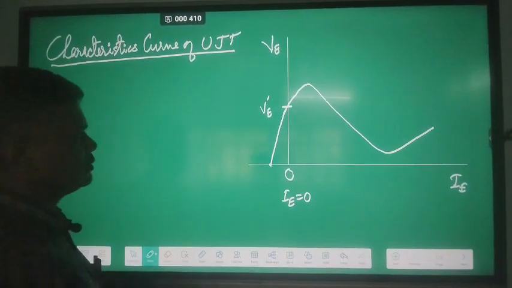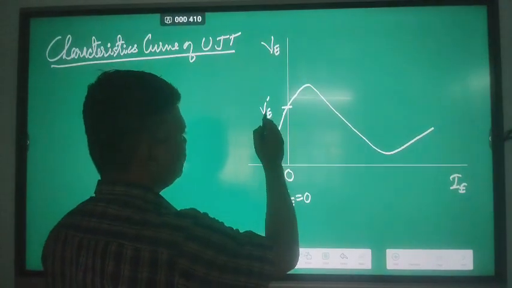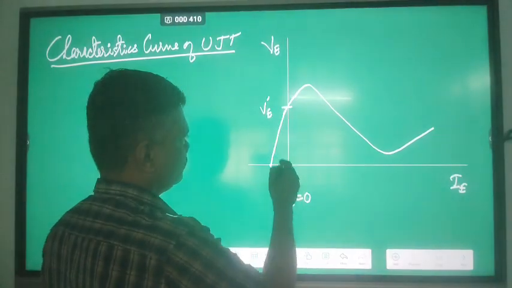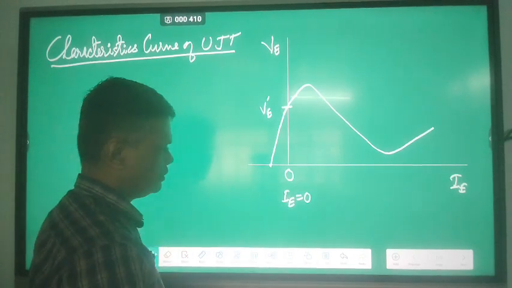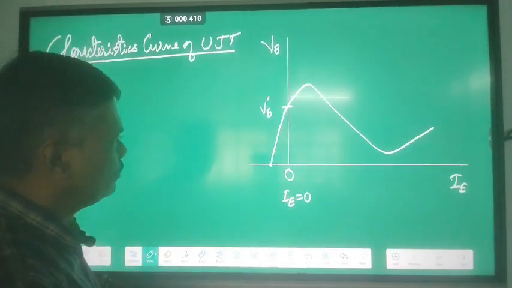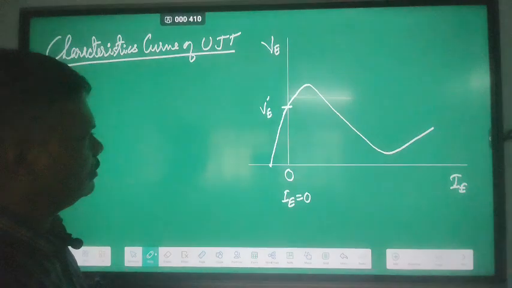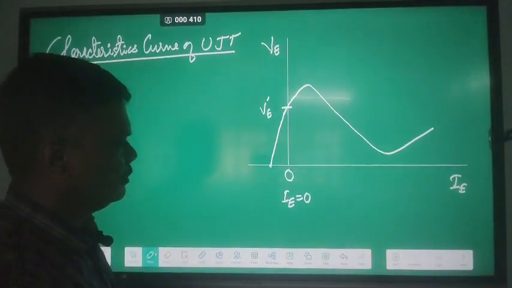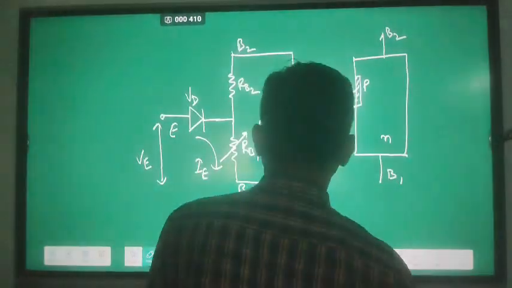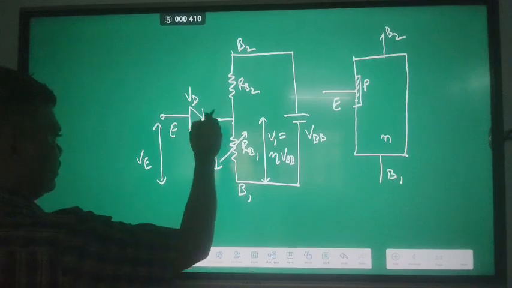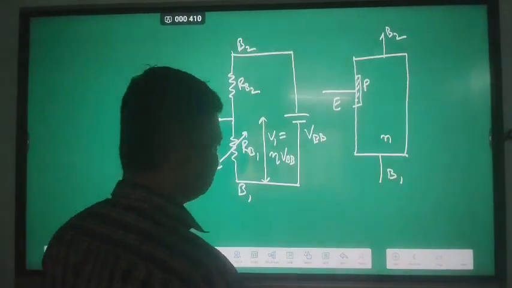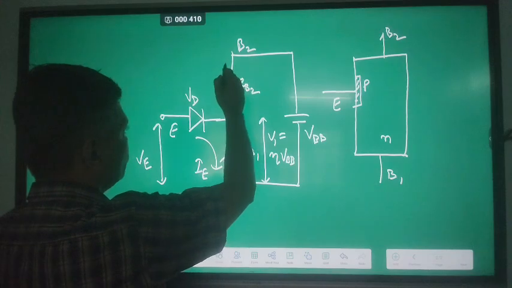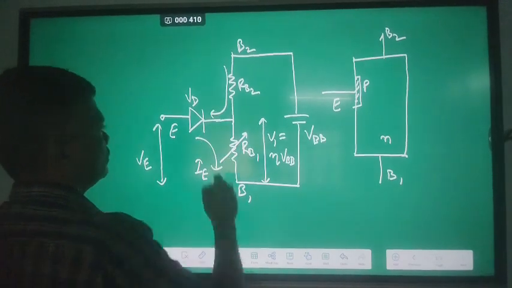Now if you decrease this voltage VE dash, then you notice that we get a current in the opposite direction. That means if you decrease the voltage below VE dash, this diode becomes reverse biased and you get a reverse saturation current flowing like this.